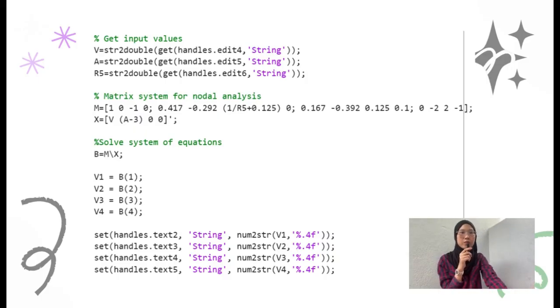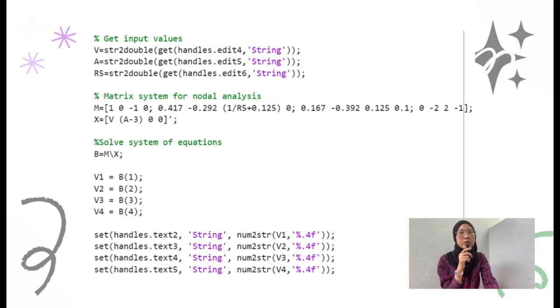Then we define the vector, which contains the constants from the right hand side of the equation. This comes from the sources in the circuit. After that, we solve the matrix equation using M slash X, which gives us the node voltages V1, V2, V3, and V4.